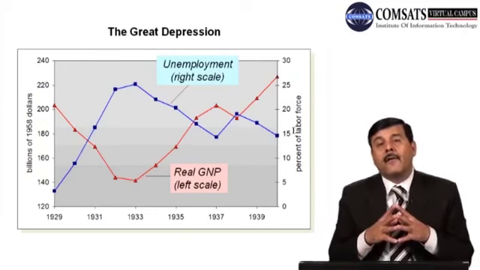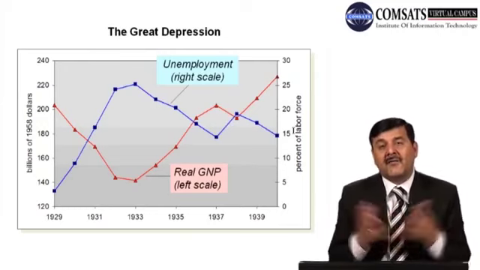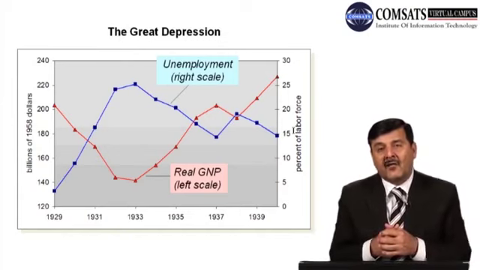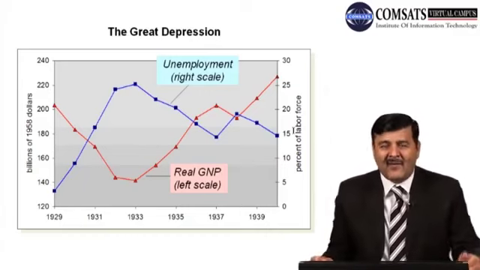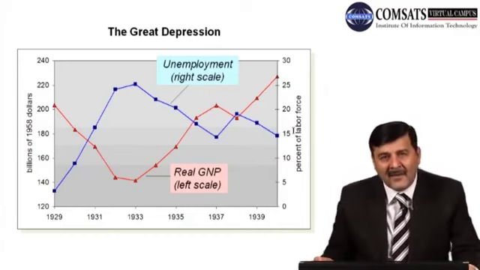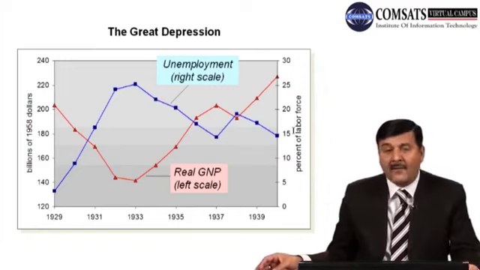So what are the possible explanations of this Great Depression in the US economy that came in 1929? Because of that depression, there was an excessive increase in unemployment and a massive decrease in income, the real GNP of the US economy.